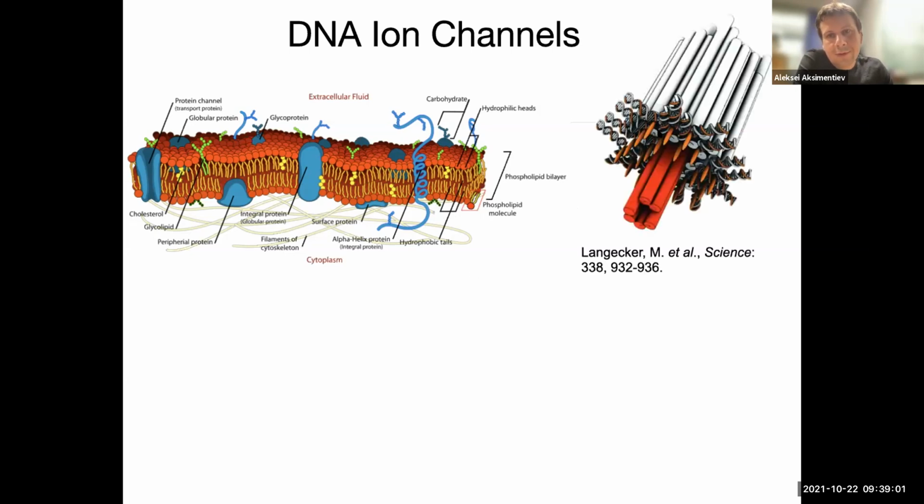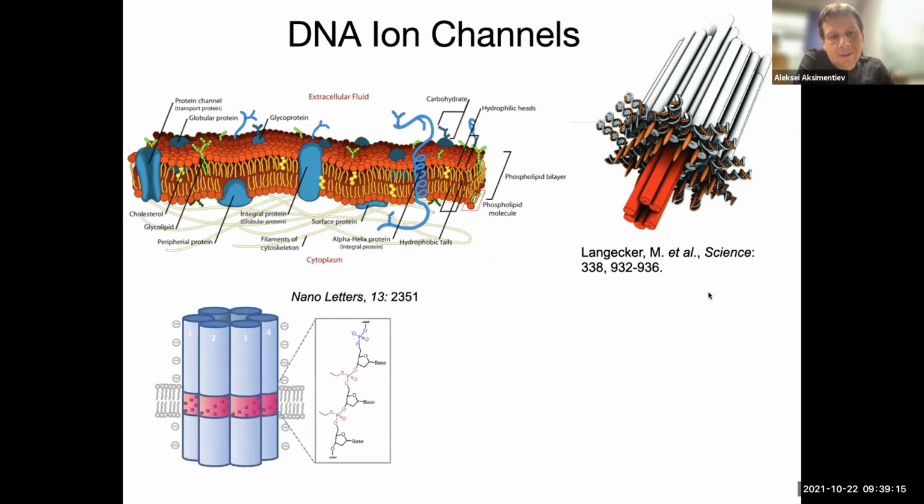Basically, the way to do it is you decorate the nanostructure with cholesterol anchors. You see those red things here, those are cholesterols that are attached. And if you have enough of them, it will be sufficient to compensate for the energy penalty of having this negatively charged thing inside the bilayer.